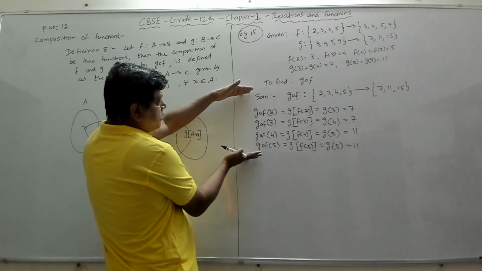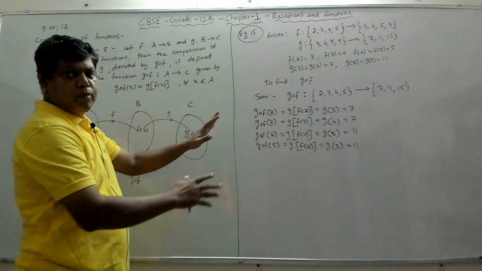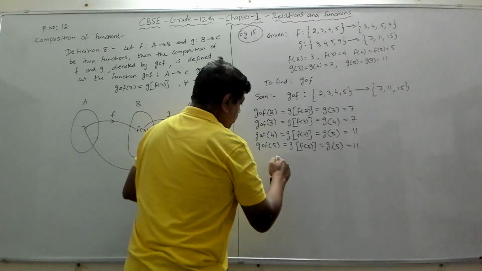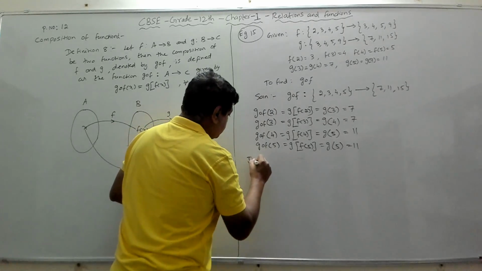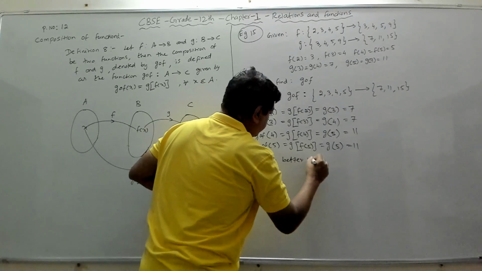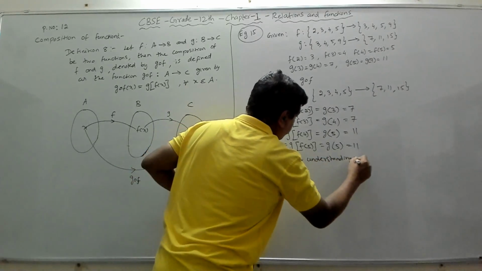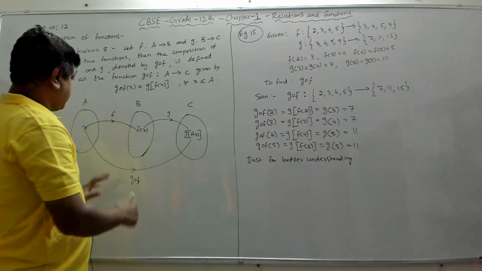As long as you do this, this is enough. For this question, this is the answer, or the solution, or the explanation, whatever. That is enough. But just for better understanding, I am going to do this in an arrow diagram like this.